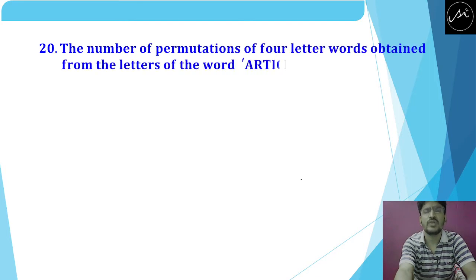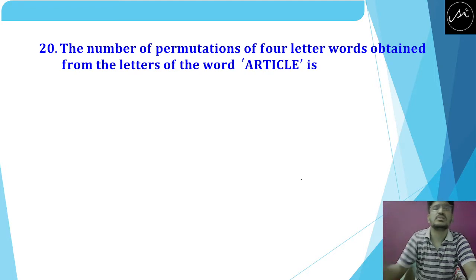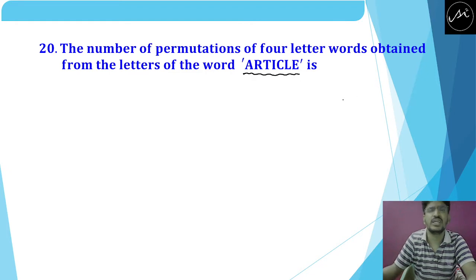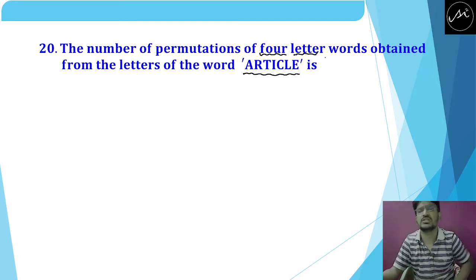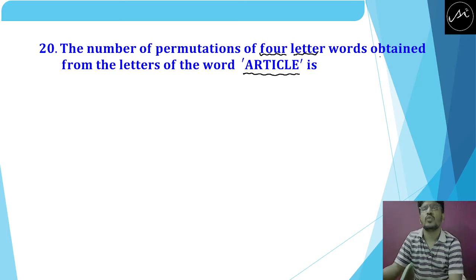The number of permutations of 4-letter words obtained from the letters of the word article is. The word article is given, and they are asking the number of permutations of 4-letter words obtained from its letters.